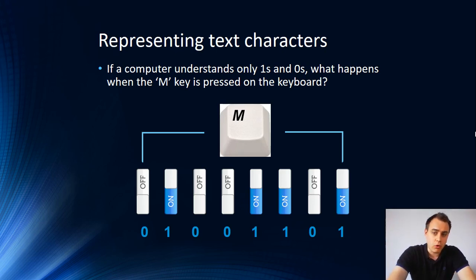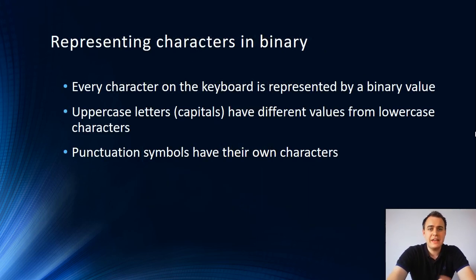So therefore, every character on a keyboard is represented by a binary value. For instance, the number 7 key, or the I, or the O, or the space, or the enter key. It's all represented by a binary value, and different binary values represent the character or key you're pressing on the keyboard. Uppercase letters have different values from lowercase letters.